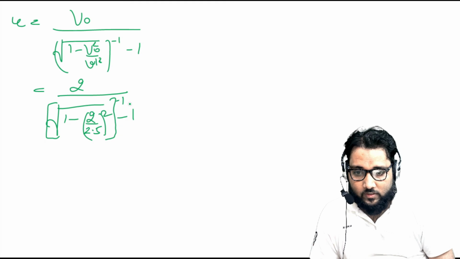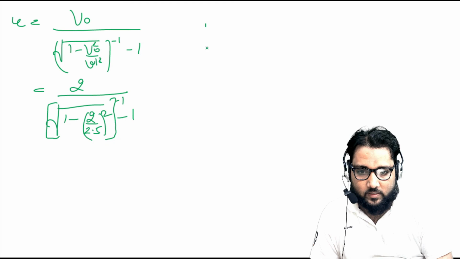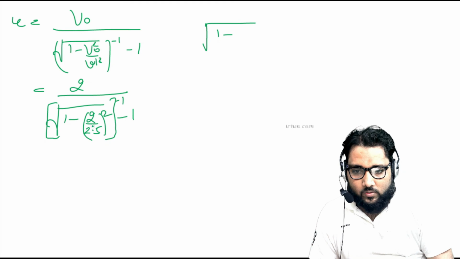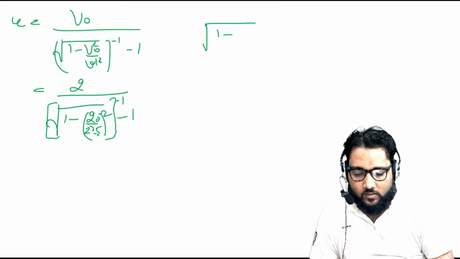When you solve this, it comes out 20 upon 25, which divided by 5 is 4 by 5. When you square 4 by 5, it is 16 by 25.